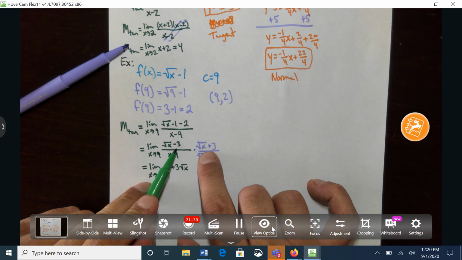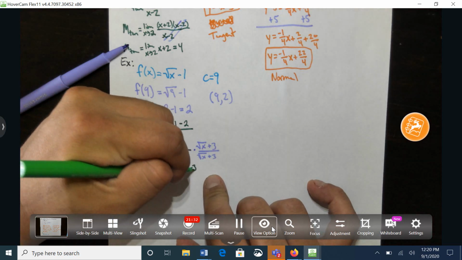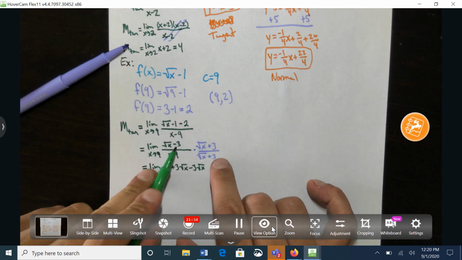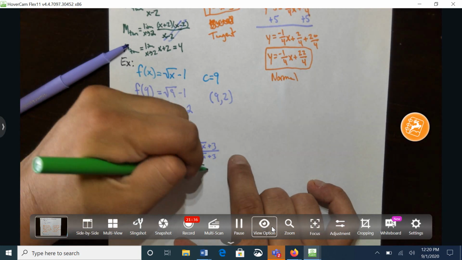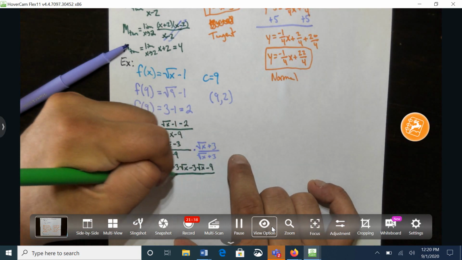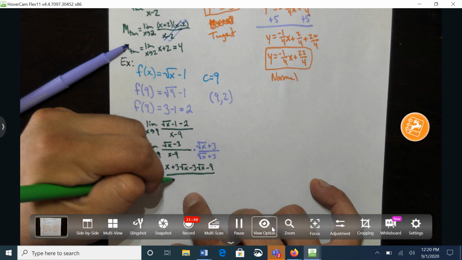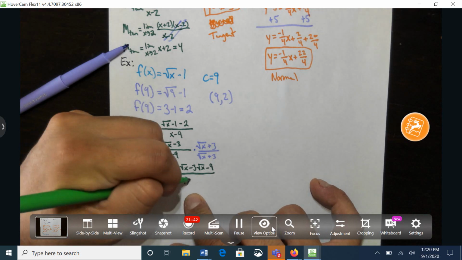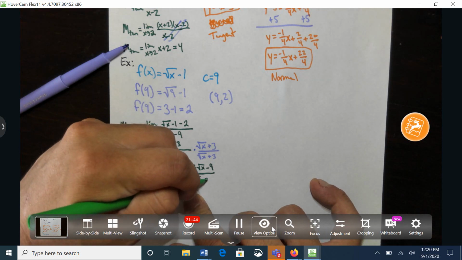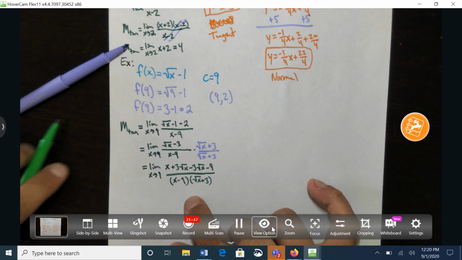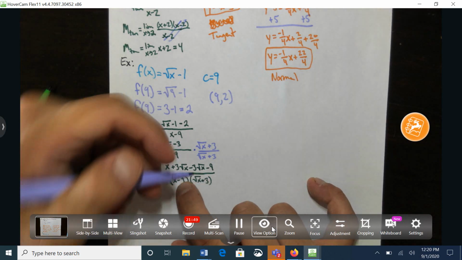Negative 3 times square root of x is minus 3 square roots of x, and this is why we like this so much. Negative 3 times 3 is negative 9, and on the bottom I'm going to leave it just as it is, x minus 9 times square root of x plus 3. And notice these cancel out here in the middle.